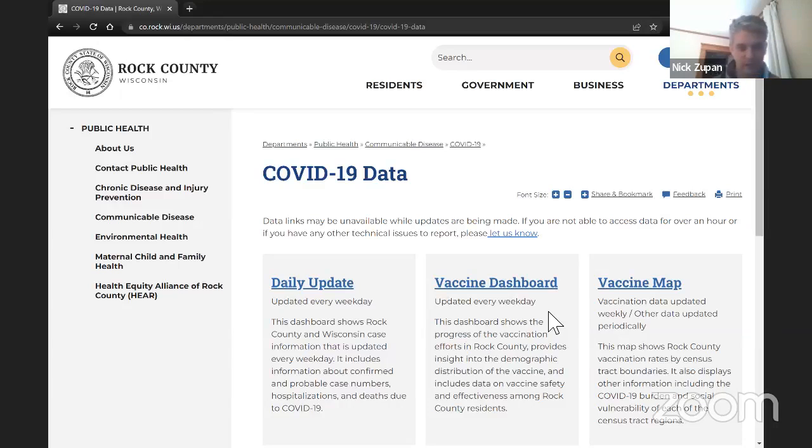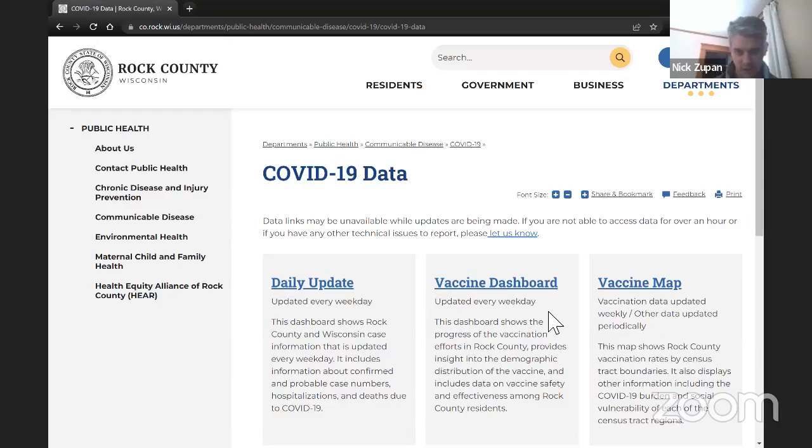We also have linked a vaccine map, which is vaccination rates across Rock County, and you can see the variation there. We've talked about this map in a previous stream, but this is another report that is available on our COVID-19 data page and the newly revised website. The next report is called the status report, and we'll get into that shortly, but this is the new report that we've added to this page.